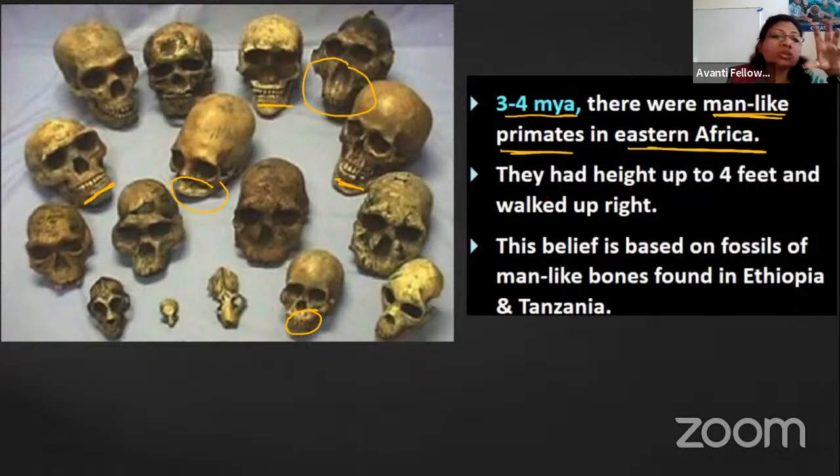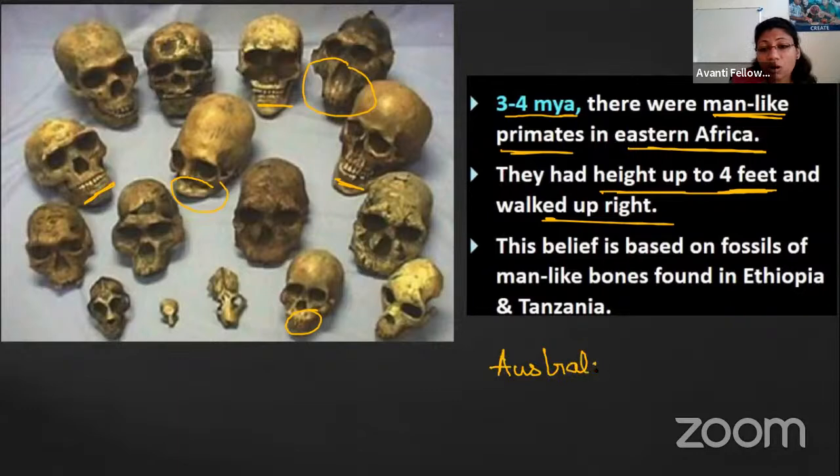According to the fossils which we found, we can estimate that their height was up to only 4 feet. Okay, and they walked upright. That means they have the erect feature. If we go for these features, like a 4 feet height, upright, walking on their legs, and their face or skull being more like man, they are talking about the Australopithecus.